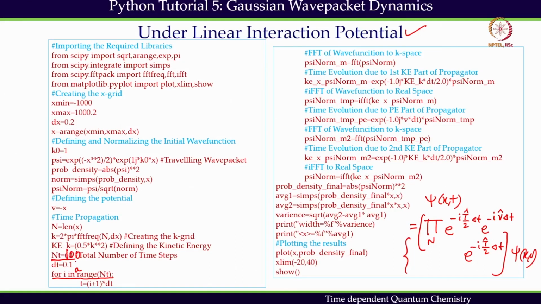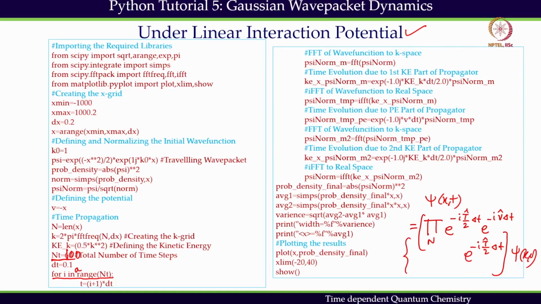We want to keep it 100 because then we can compare with what happened at 100 atomic units of time. So what happens to that wave packet for the same time evolution?